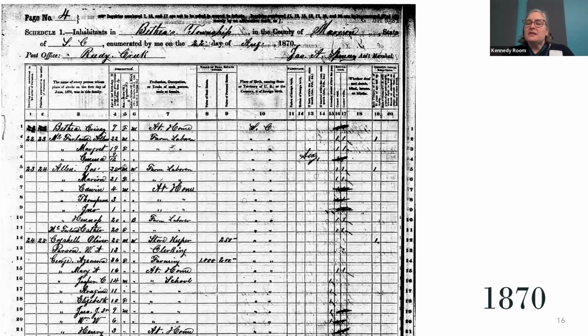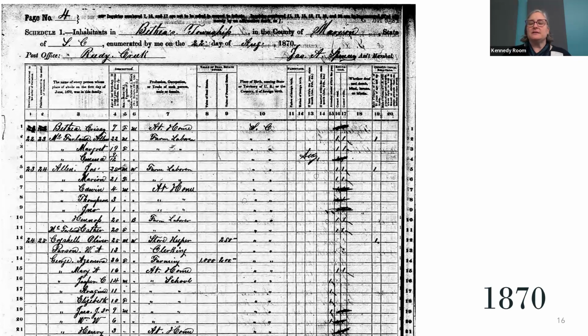So the name of each person residing there as of June 1, 1870, the age, sex, color, and they start expanding the colors. So sometimes you can see Indian, sometimes you can see Chinese, even though the Chinese Exclusion Act lasted to the 20th century. But they start expanding the racial definition.